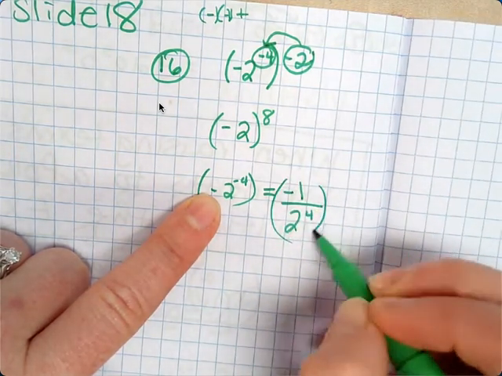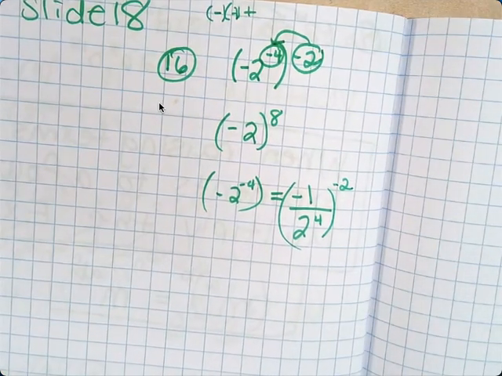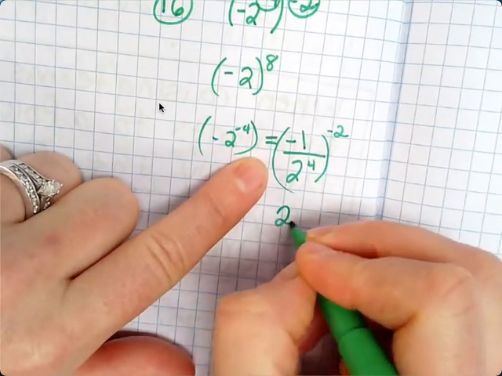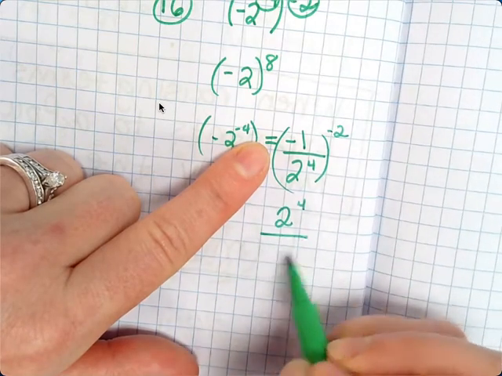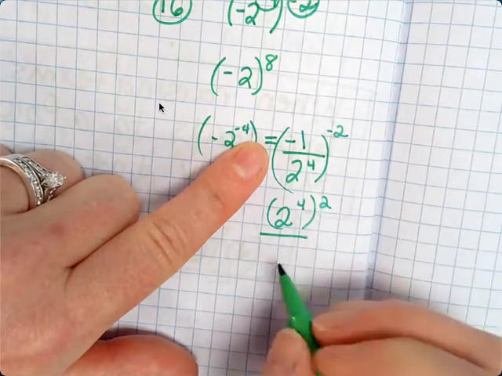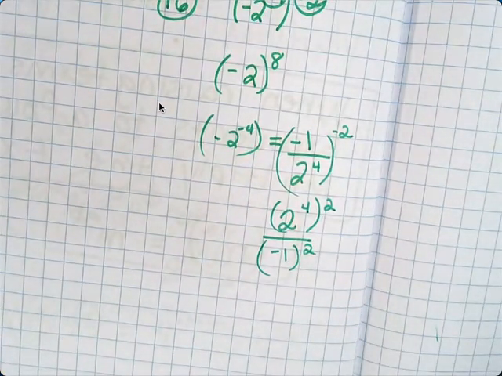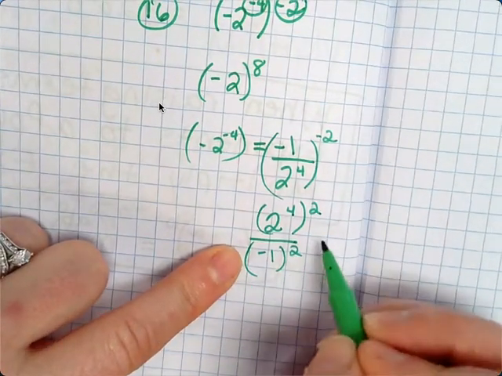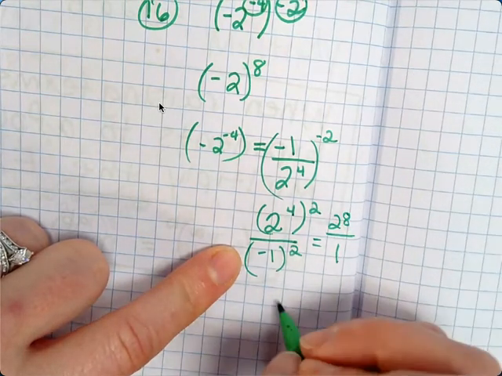So then we would do this to the -2. And that's whenever you do your reciprocal. So we would do 2 to the 4th over, but it's also squared now, over -1 squared. Which this would become +1, and this would become 2 to the 8th. So our answer would be 2 to the 8th.